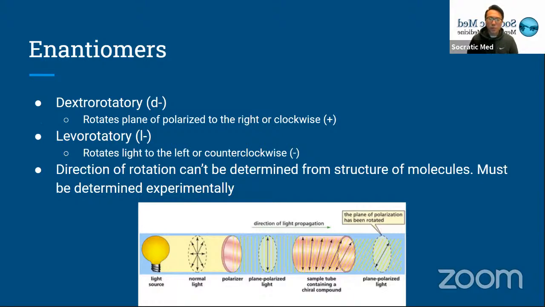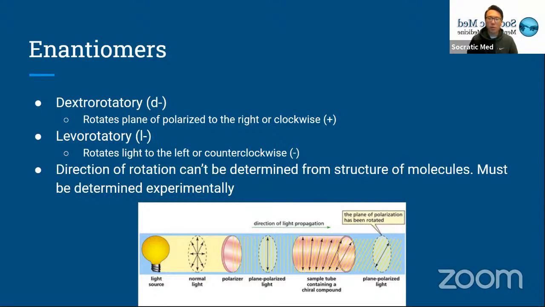Going further into optical activity, you can consider a molecule dextrorotatory, or D, if it rotates plane polarized light to the right or clockwise. And an enantiomer can be considered levorotatory, or L, if it rotates light to the left or counterclockwise.